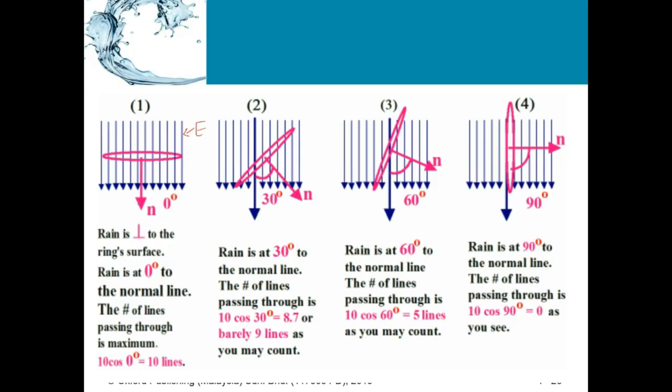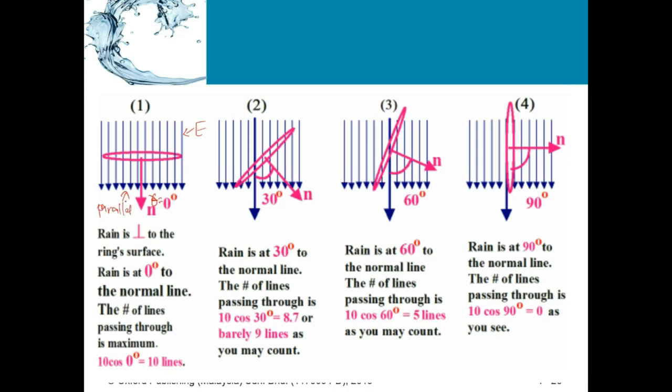This pink arrow is our normal line. That's N, the normal line. Okay? If our normal line is parallel to our electric field, therefore our theta is 0. This is parallel.